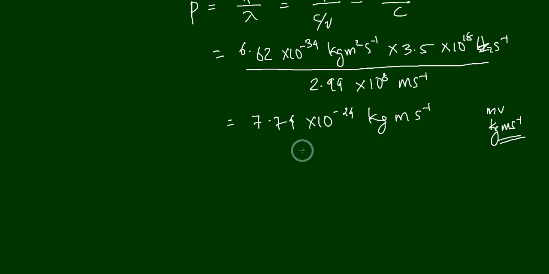What is the consequence of this momentum of the photon? The photon has a momentum, and what's the consequence of this one? If you are firing a bullet from a gun, that bullet will have a very large momentum, and the momentum should be conserved, and therefore you will see that when the bullet is being fired, the gun will go back, right?